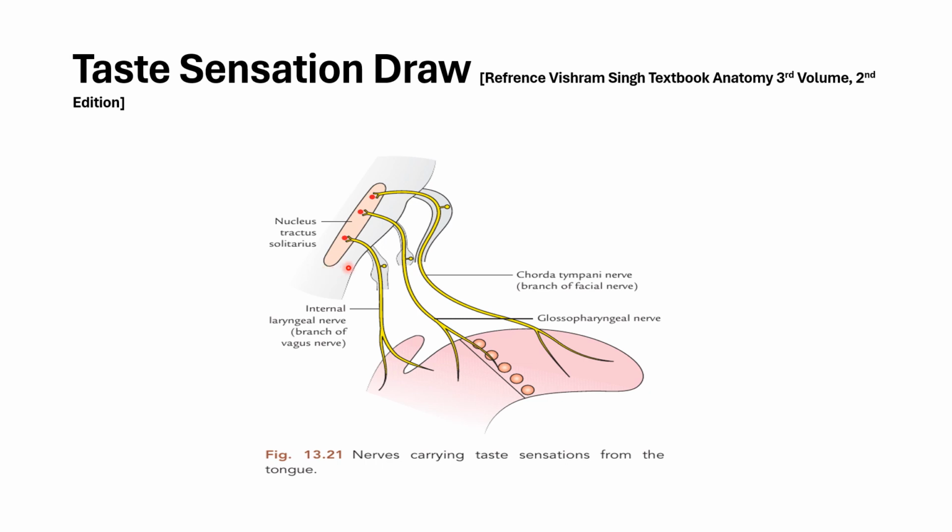Right now just understand that this is the nucleus for taste, and from this arise all the three nerves and go to the anterior two-thirds of the tongue, the posterior one-third, and the posterior most part. As we have seen, chorda tympani for the anterior two-thirds, then the glossopharyngeal nerve for the posterior one-third, and for the posterior most part, taste sensation is by the internal laryngeal nerve. So again repeating, this is a very important slide.